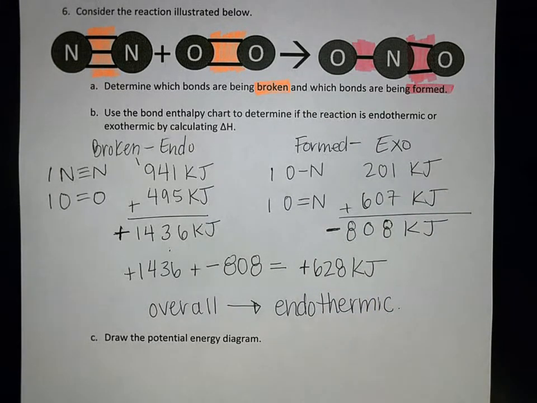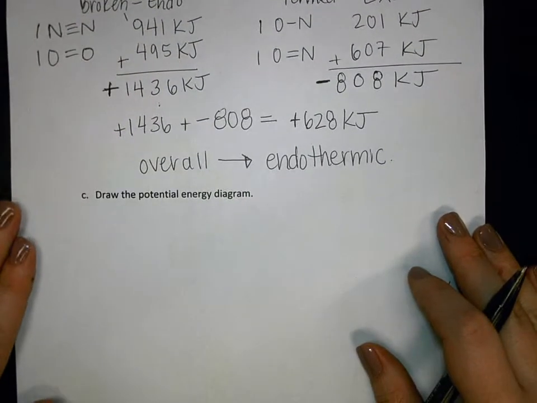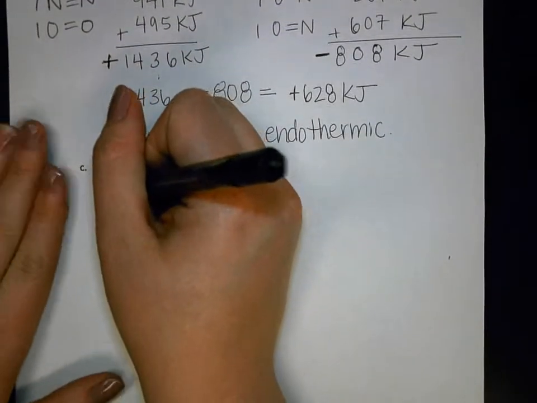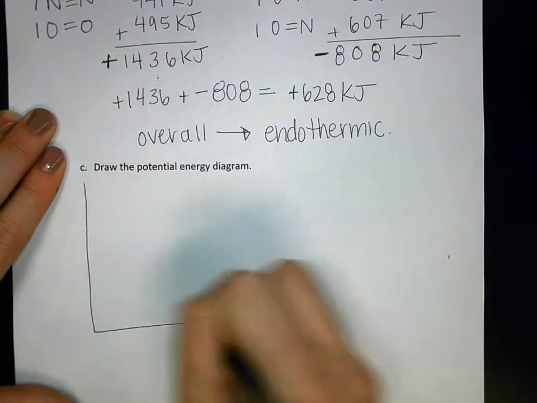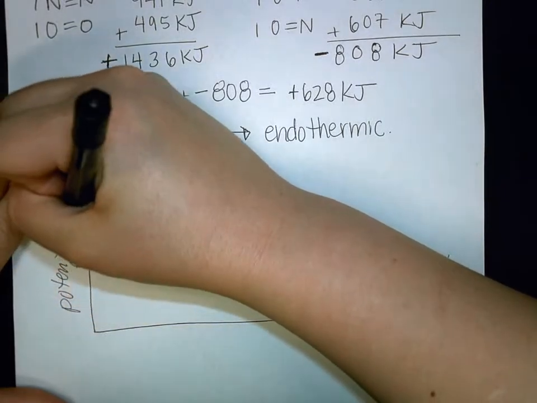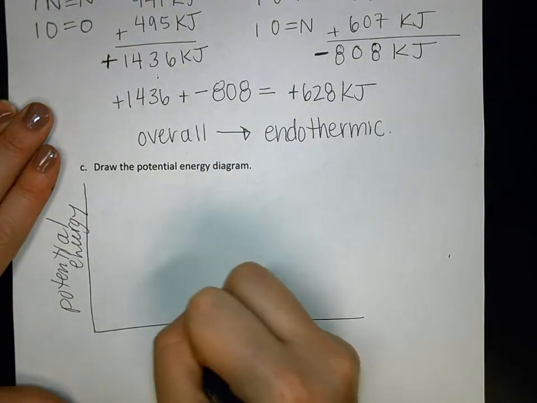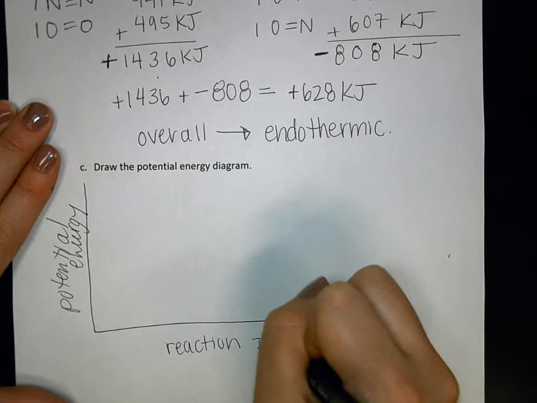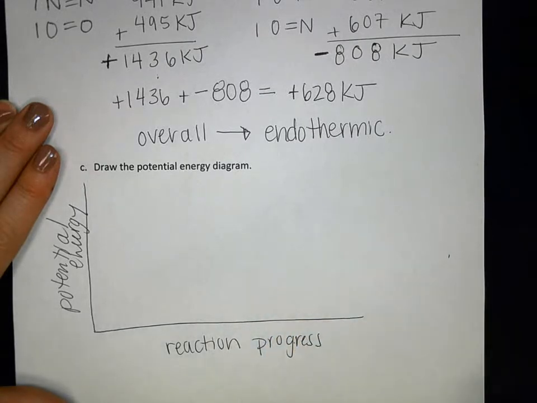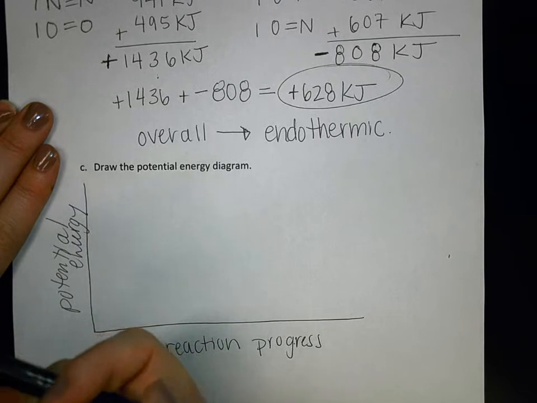Okay, next question asks us to draw the potential energy diagram. So for our potential energy diagram, the y-axis is potential energy. And the x-axis is going to be our reaction progress. So because I found my delta H to be a positive number, I know that in order for this reaction to occur, I have to absorb energy.